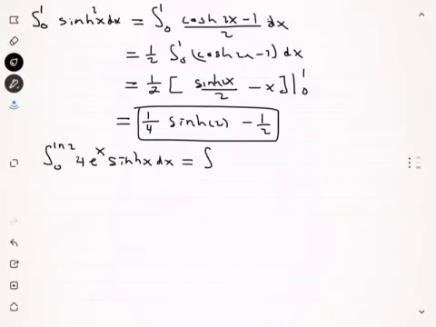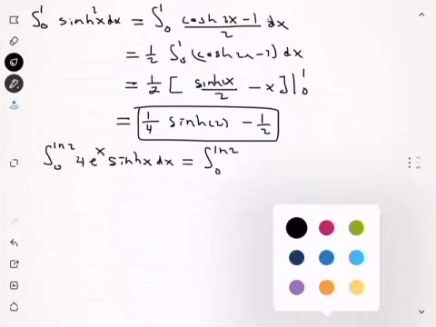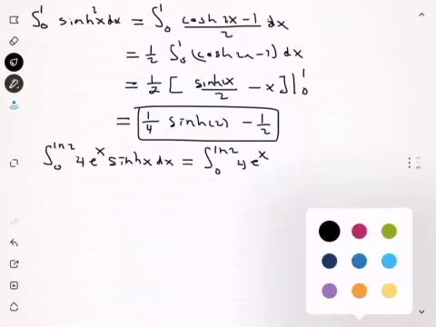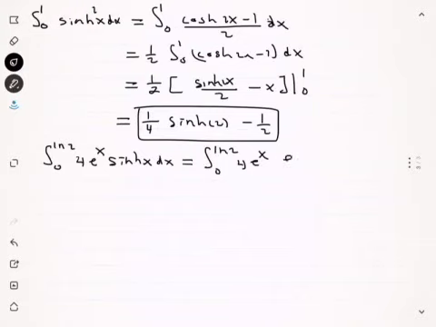So we're going to have the integral from 0 to the natural log of 2 of 4e to the x, and then hyperbolic sine is e to the x minus e to the minus x divided by 2. And then we're going to integrate with respect to x.